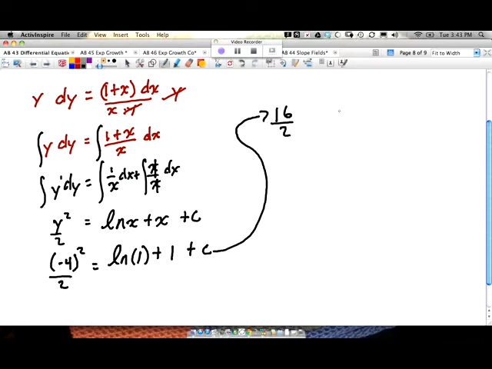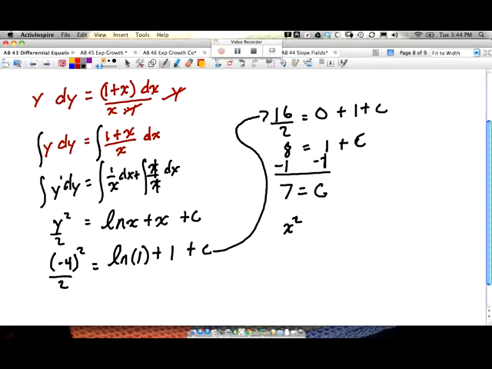Well, negative 4 squared, that's 16. So we got 16 over 2 equals natural log of 1, that's 0. And then we got 1 and c. Keep going, we got 8 equals 0 plus 1. It's going to be 1. And then plus c. There we go. Okay, we're getting there. We subtract 1, subtract 1. And we have 7 equals c. All right, that's good so far.